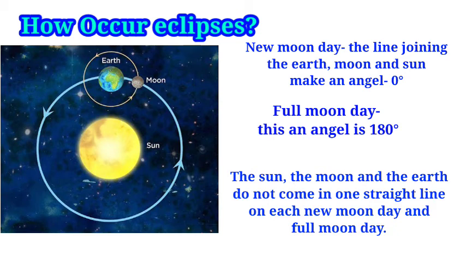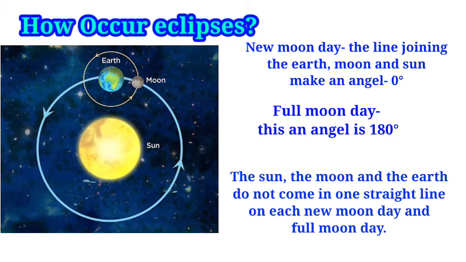The moon's revolutionary orbit and the earth's revolutionary orbit make an angle of about 5 degrees. For that reason, on each new moon day and each full moon day, the sun, the earth and the moon do not come in one straight line. Hence, eclipses do not occur on each new moon day or each full moon day.